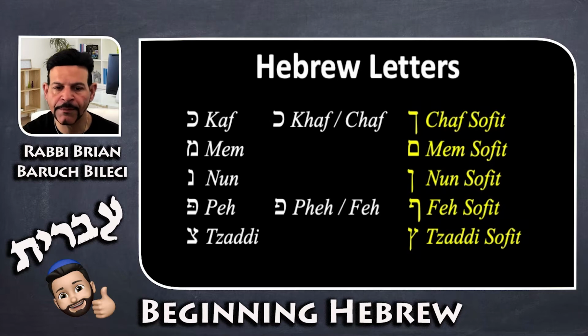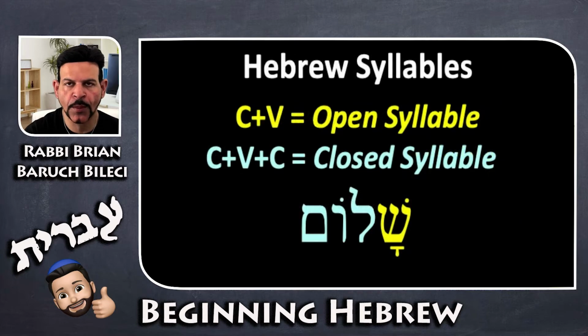Then we have Mem, and Mem is the water symbol, and it looks kind of like an M normally, and then it looks more like a box when it's at the end of a word. So we have Mem and Mem Sofit. When we talk about the idea of the Mem, notice at the end of the word, it looks boxed in, like in the word Shalom.